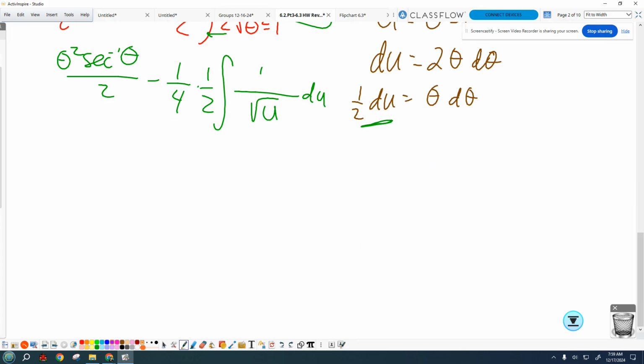So what is the power currently? 1/2. Positive or negative? Negative. So going from negative 1/2 to positive 1/2, raise the power, divide by a half, dividing by a half, I'm going to get rid of that one, that's right there.